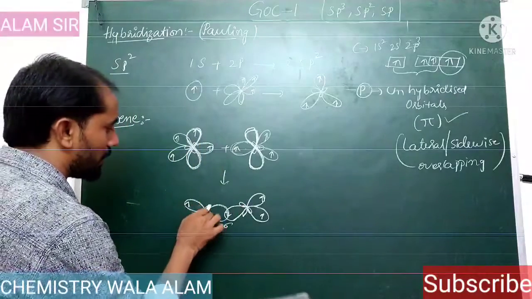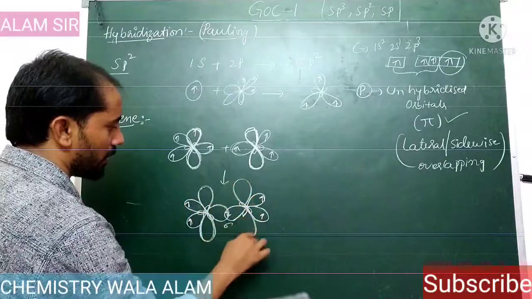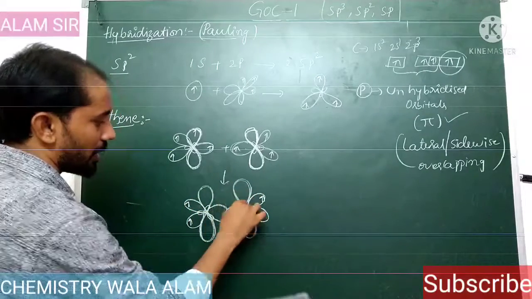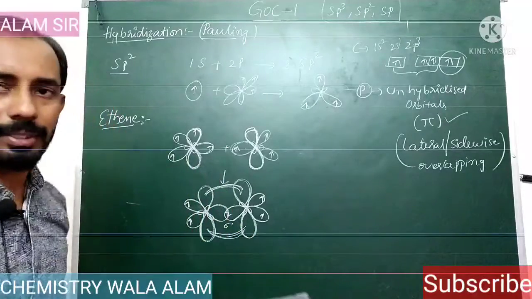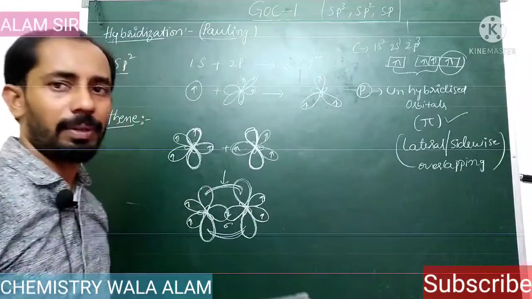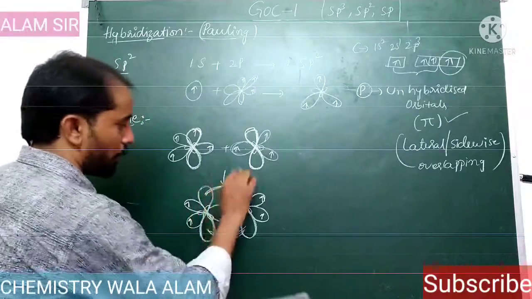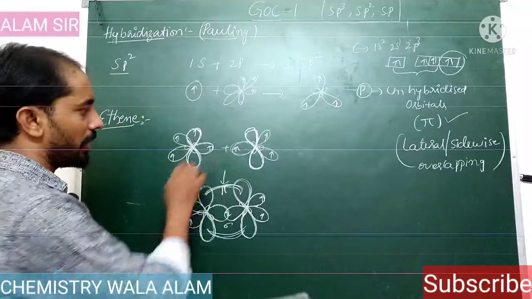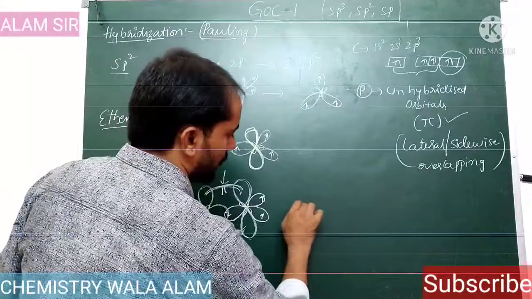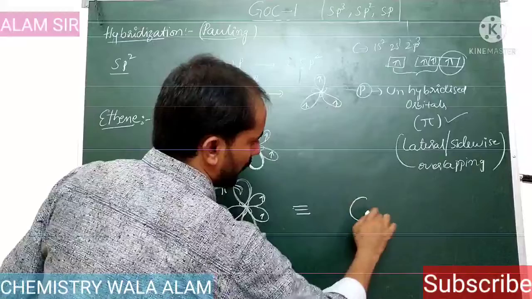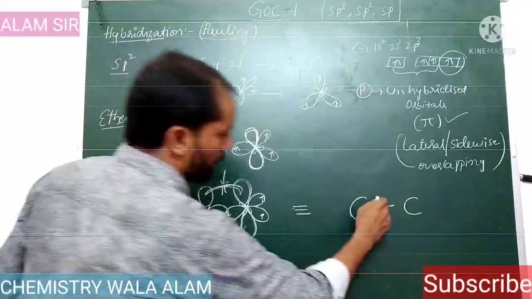Then sidewise orbital overlapping takes place. The unhybridized orbitals result in the formation of 1 pi bond. This is one carbon, this is one carbon, so you can write it like this: first one sigma bond and then one pi bond.